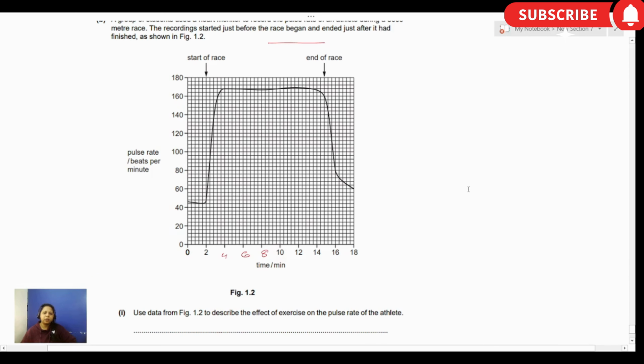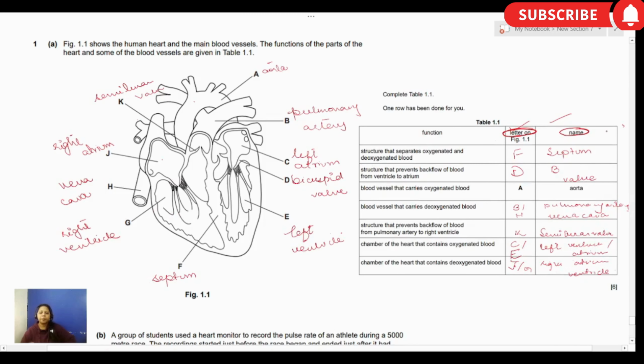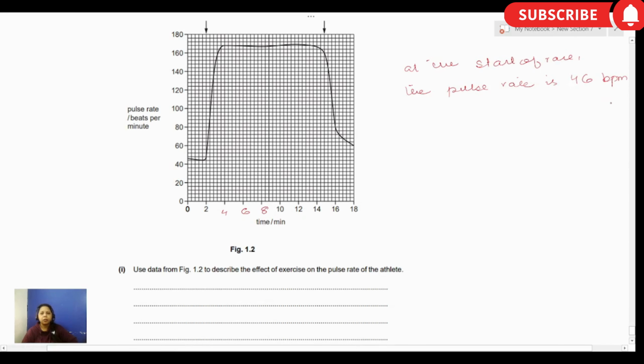Let's write on the side, otherwise the graph would disappear. So at the start of the race, the heart rate or pulse rate is, let's say, 46 bpm, beats per minute. Then increases up to 170 bpm.